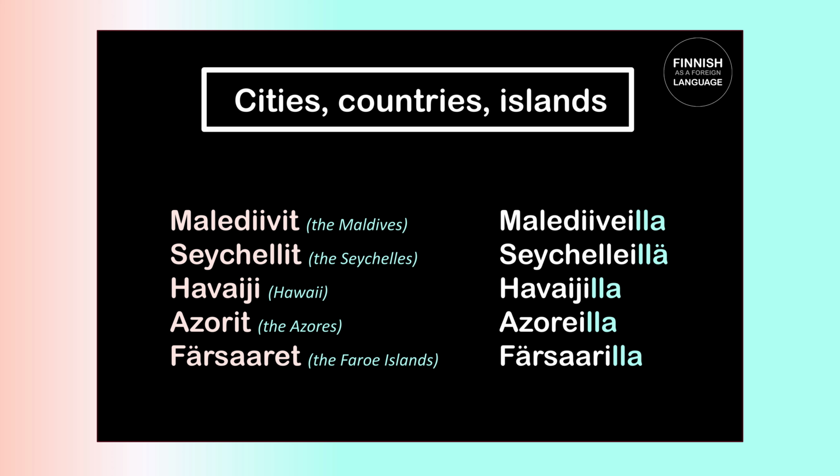Hawaii in Finnish is Hawaii. And the adjective case is Hawaiilla. Then we also have the Azores. In Finnish it's Azorit. And the adjective case is Azoreilla. Or when we prefer the colder destinations, Faroe Islands, Färsaaret. And its adjective case is Färsaarilla.